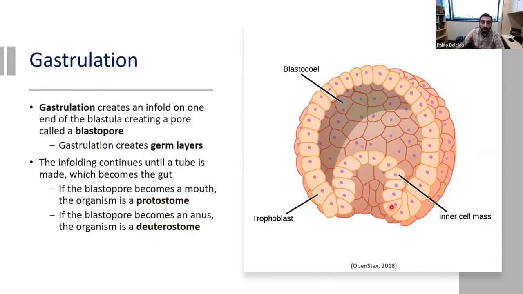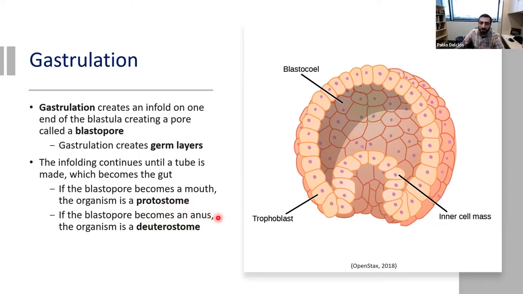This hole or pore that forms within the blastula is going to become one of two things in all animals. It will either become that animal's mouth or that animal's anus. If it becomes the mouth, we call that a protostome. If it becomes an anus, we call that a deuterostome.